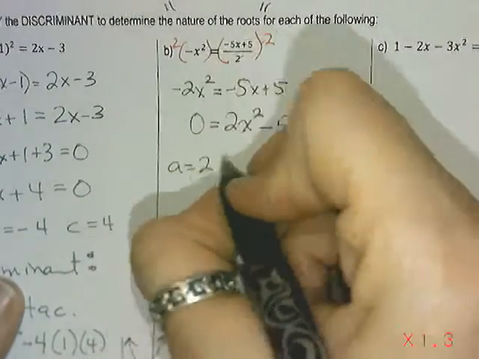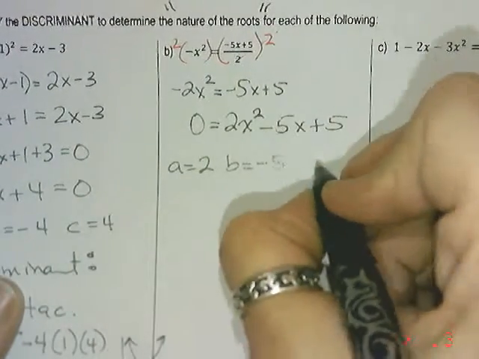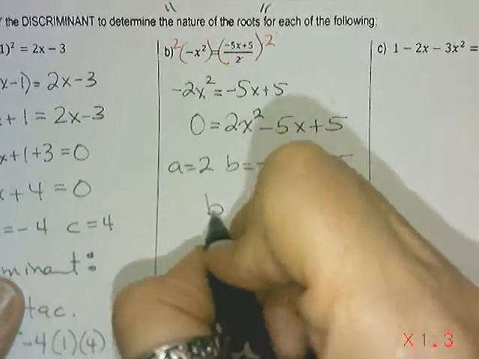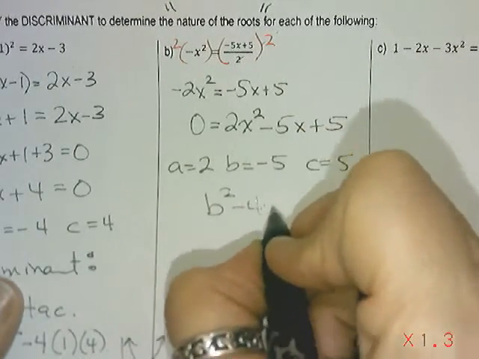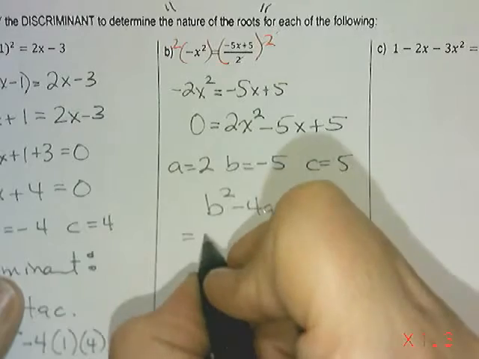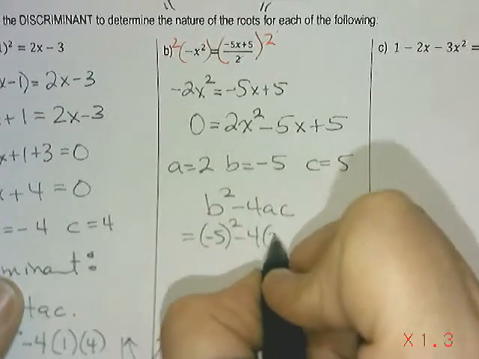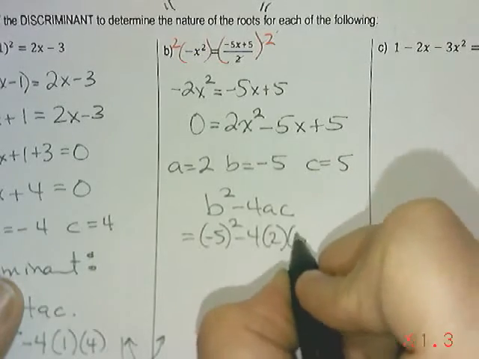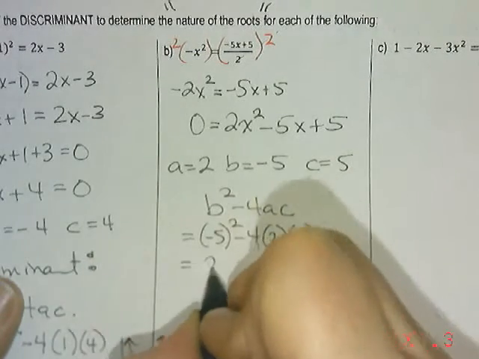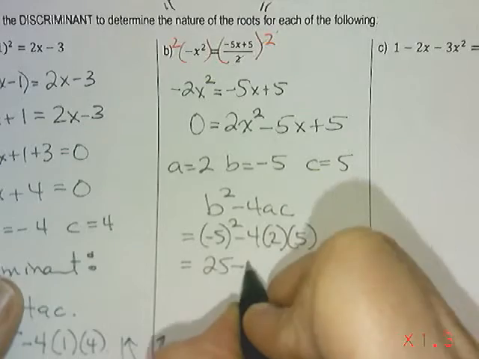My a value is 2, my b value is a negative 5, my c value is 5. My discriminant, b squared minus 4ac, well, that would mean I would have a negative 5 squared minus 4 times a 2 times a 5 as my c value. I get 25 minus 40.